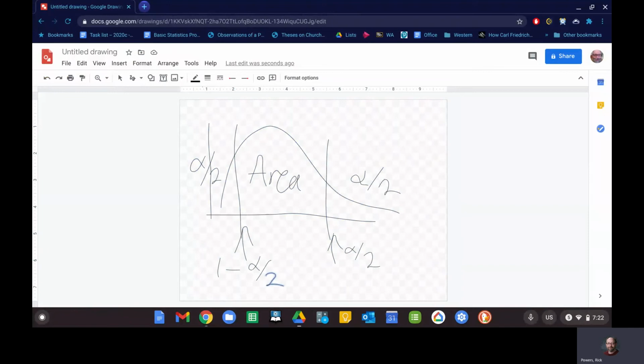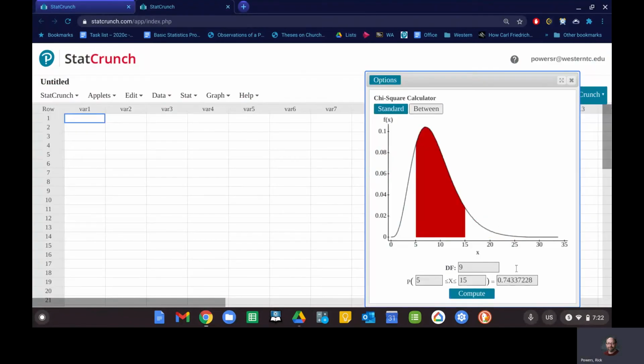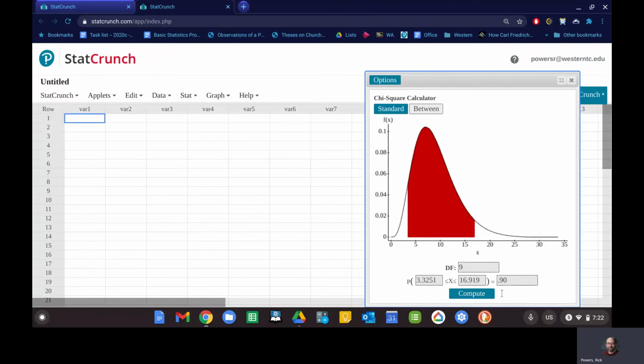Specifically in StatCrunch, we can use the between option. If I want my 90% confidence interval, and I use the between command, it just gives it to me. So I just put my confidence amount in the probability, and then StatCrunch comes up with the critical values for the chi-squared.